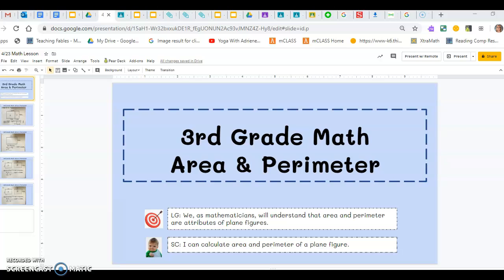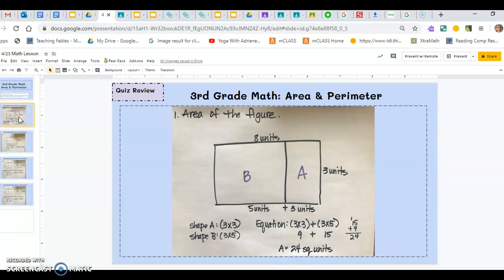So our next slide is the first question on the quiz, and it asked you to determine the area of the figure. What we've been working on, boys and girls, is taking one large rectangle and breaking it into two smaller shapes.